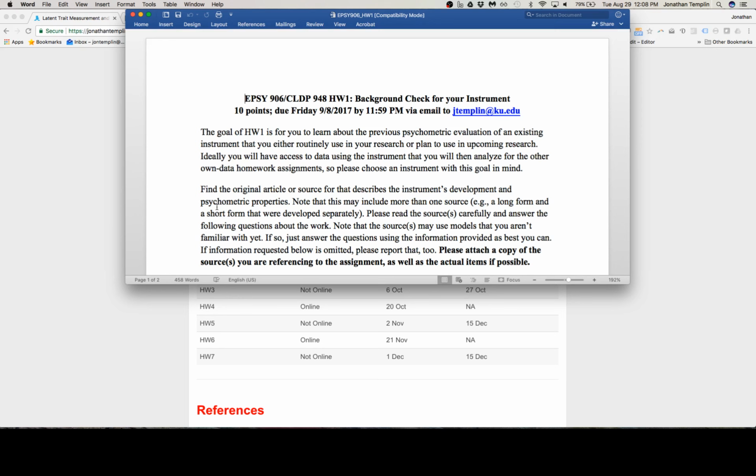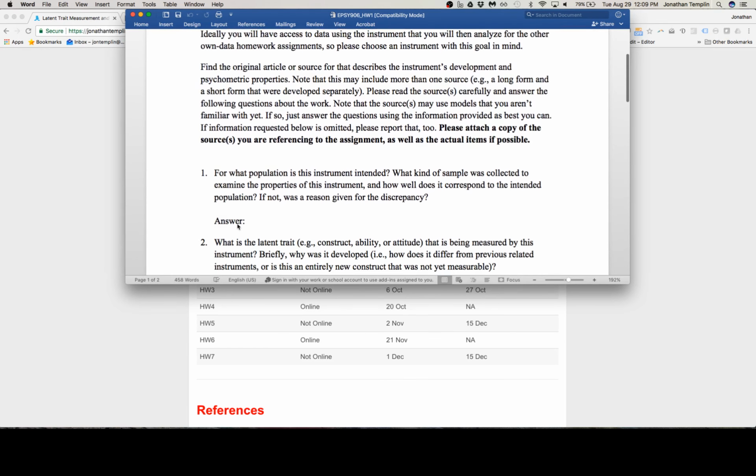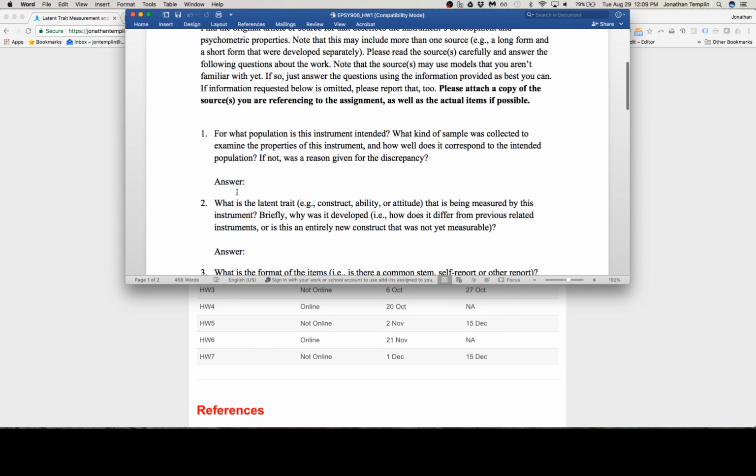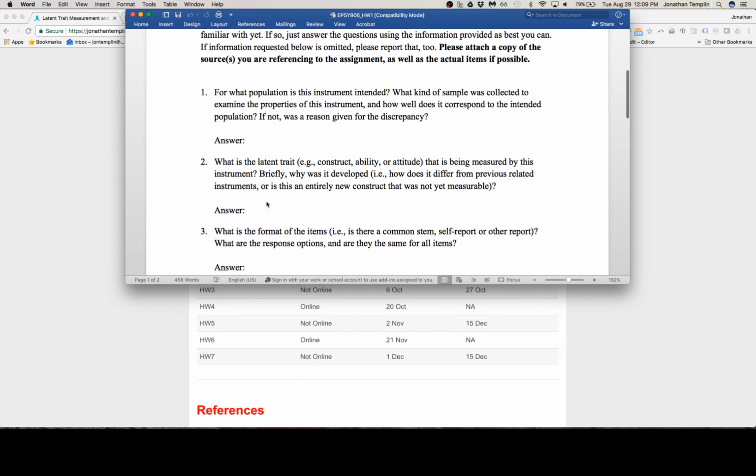And the goal here is to get you to take a survey or a scale or an instrument, something you're familiar with, preferably that you might have data on, and to take a look at where it began, what its history was research-wise. So it asks questions like, what population is this? What's the latent trait?